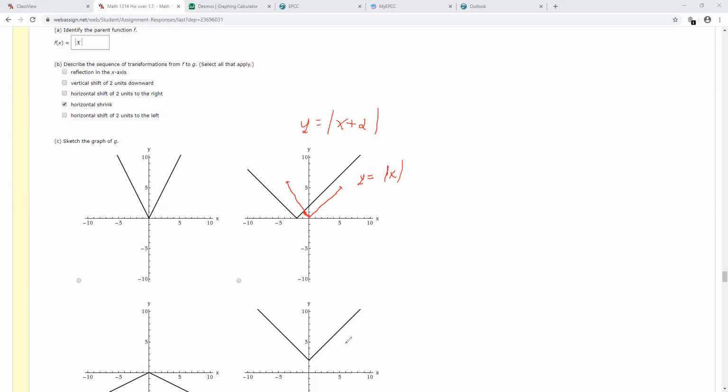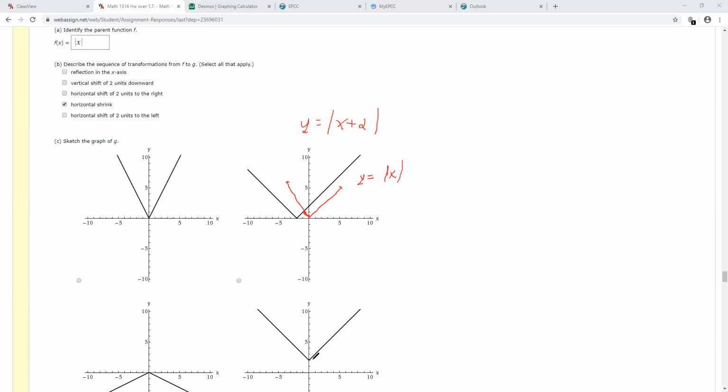This one, if you look here, if you go over 1 unit and up 1 unit, you go right back on the graph. Over 1, up 1. So this V shape isn't squeezed together or less open. The angle doesn't change, and it doesn't open up into a bigger angle either.